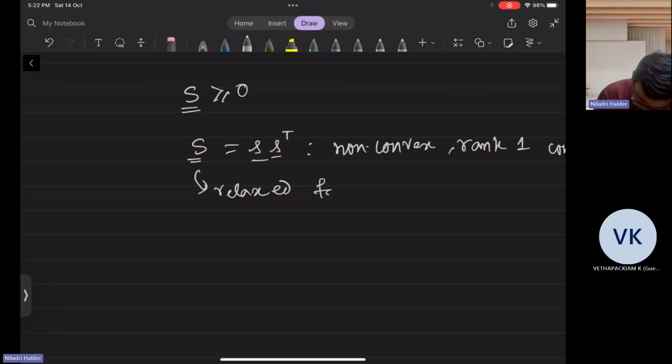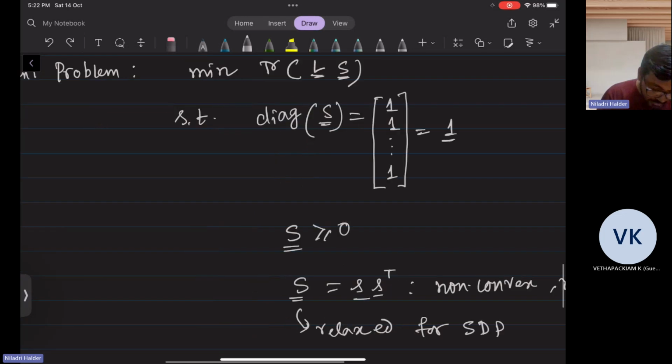So relaxed for SDP. Okay, so this constraint we can relax.